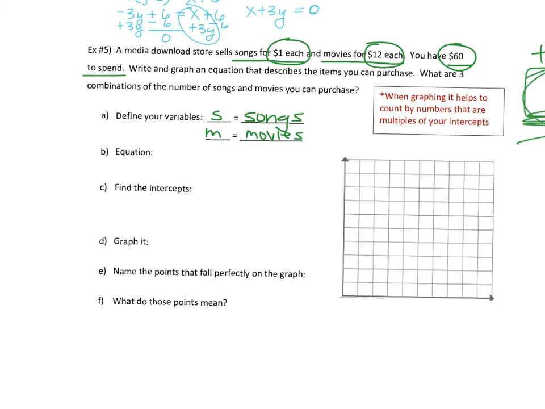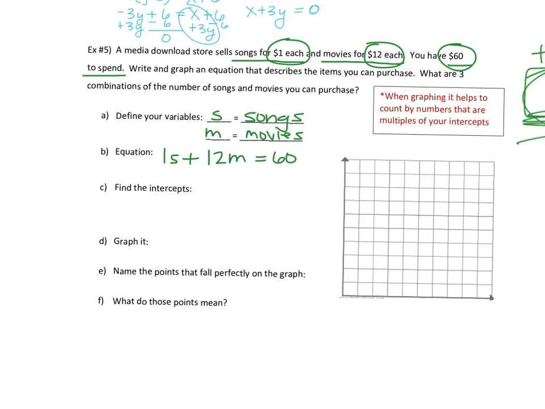Y equals S, 1S exactly, plus 12M equals 60, the total, right? So $1 per song plus $12 per movie equals the total of $60 that you have to spend, okay?